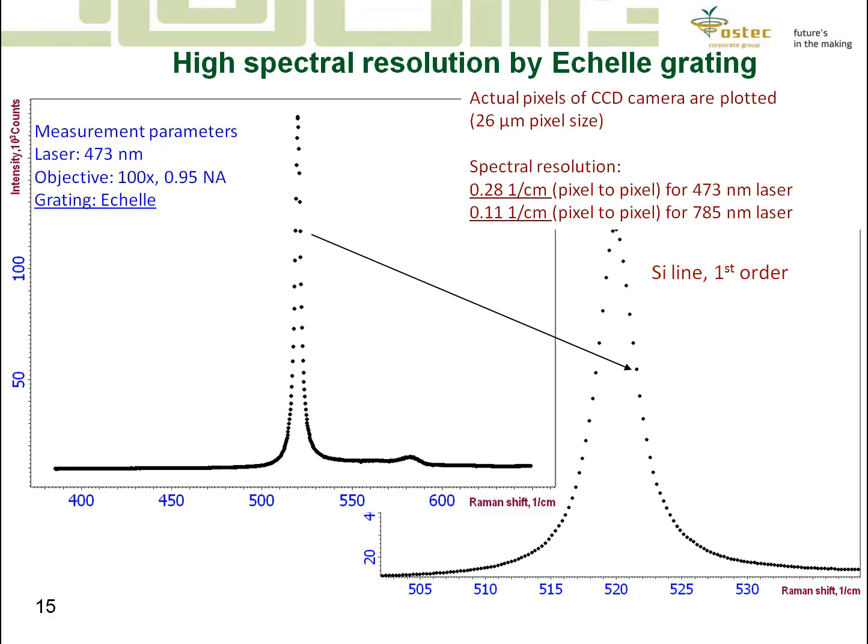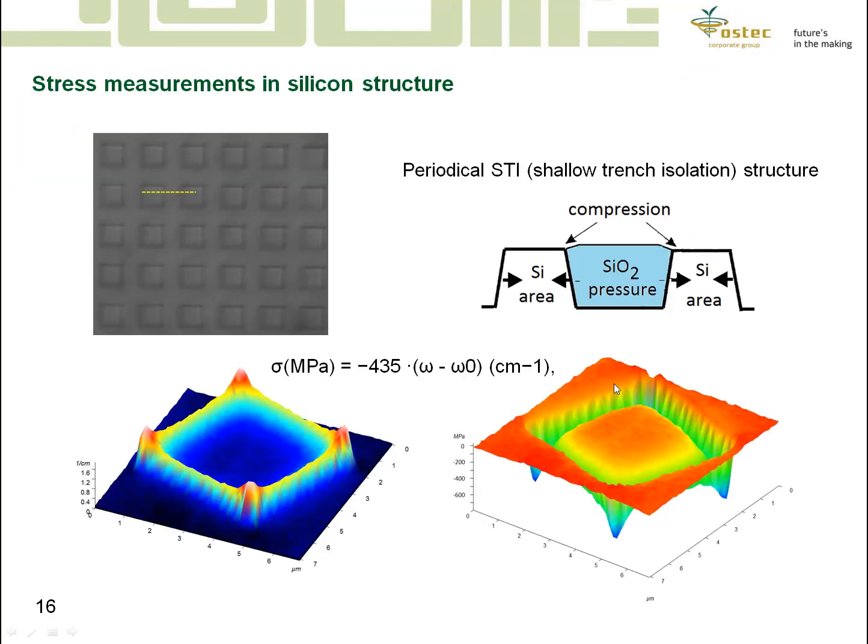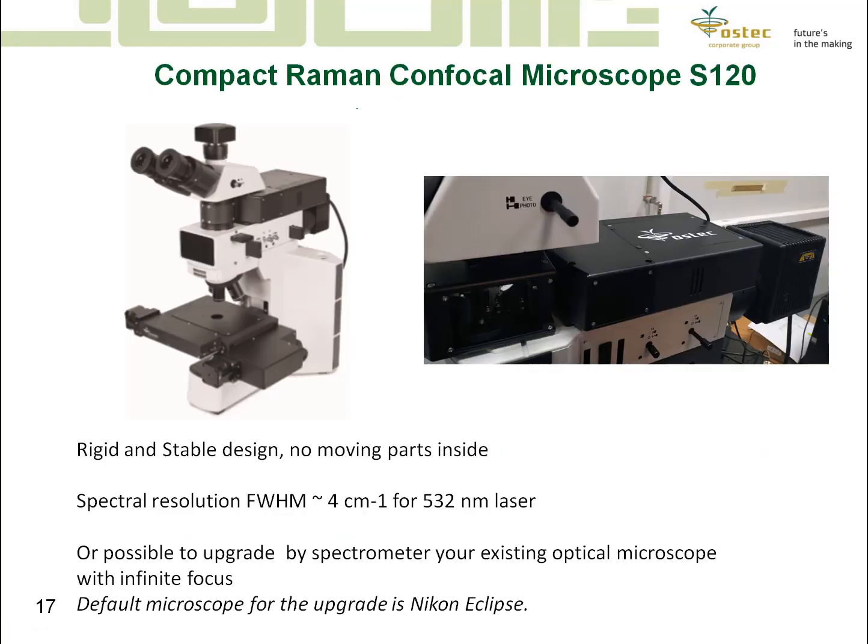Here you can see each point corresponds to a single pixel on the CCD, and the silicon peak has a lot of pixels, so we can get very high spectral resolution, which could be important to understand material parameters like stress or strain in silicon structures. When we talk about silicon, there is a direct relation between mechanical stress and a shift of the Raman peak position in the material.